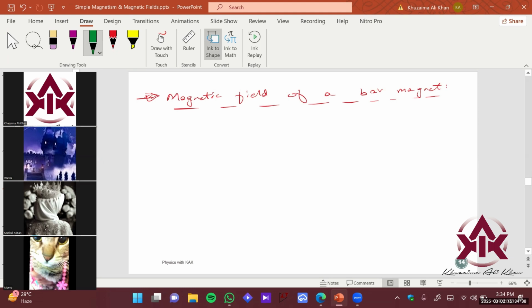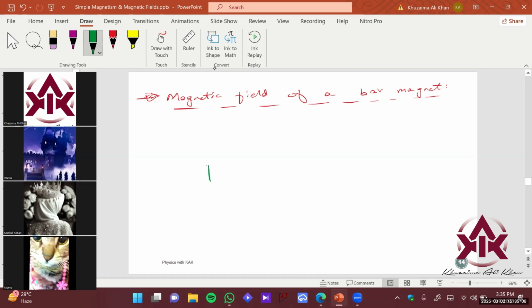Let me do it into color. It's not converting into shape. Okay, let me just do it again. Okay, I will have to make it on my own. Okay, into shape is not working.